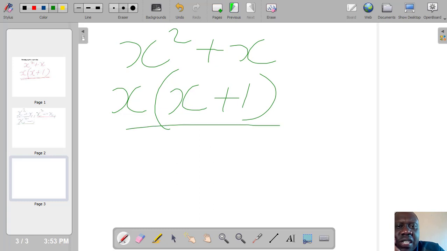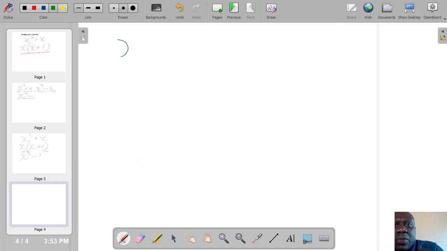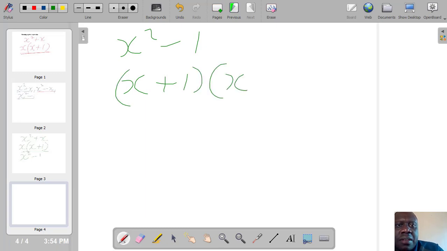So this is what you get when you factorize x squared plus x. Let's go ahead and factorize the second one, x squared minus 1. To be able to factorize that, you're going to get x plus 1, then x minus 1.